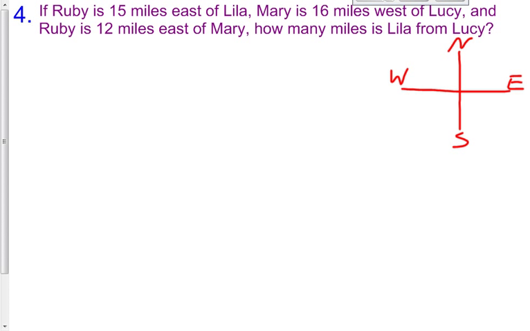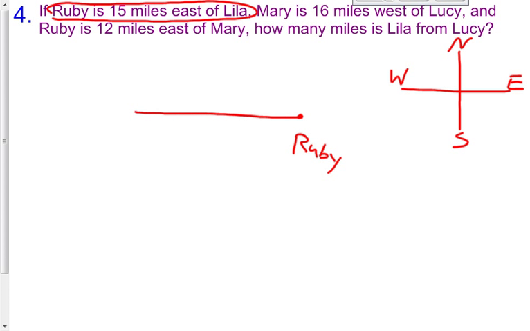Let's start off with this first sentence. Ruby is 15 miles east of Lila. So east is in the right direction. So Ruby, we'll have her right here. Ruby is east of Lila, and this is going to be 15 miles long.